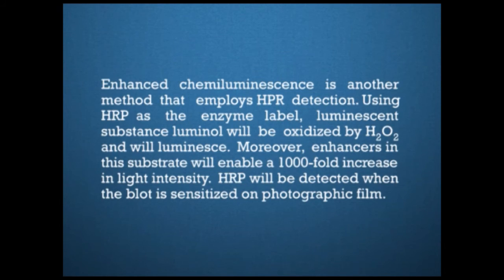Enhanced chemiluminescence is another method that employs HRP detection. Using HRP as the enzyme label, the luminescent substance luminol will be oxidized by hydrogen peroxide and will luminesce. Moreover, enhancers in the substrate will enable a 1,000-fold increase in light intensity. HRP will be detected when the blot is exposed to photographic film.